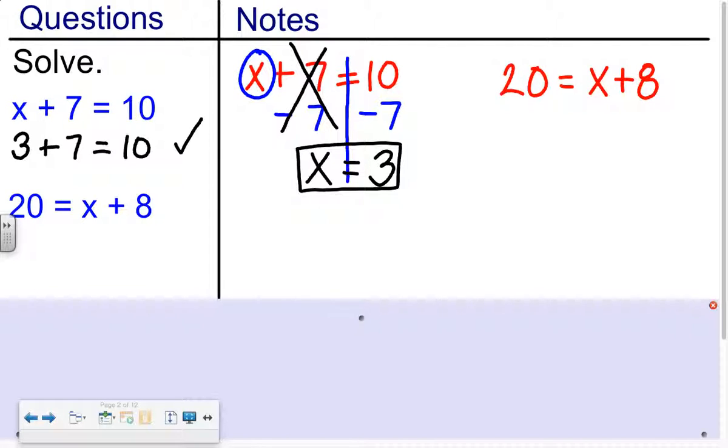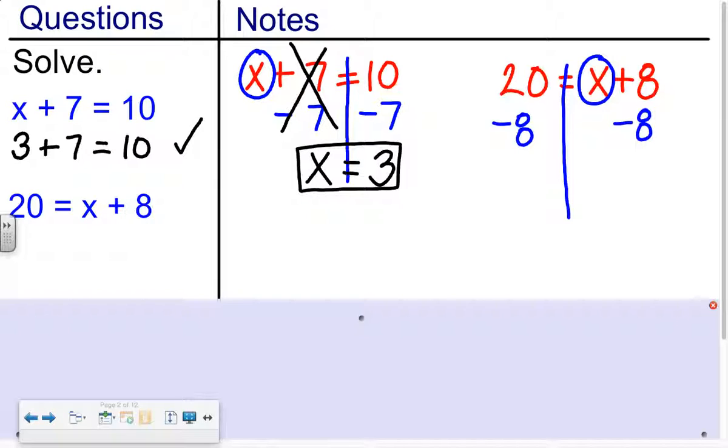So I'll start by drawing my train tracks. Now you'll notice this time the variable is on the right-hand side of the equation. That doesn't matter, I'm still going to take the same steps to solve it. So I want to get x alone, or figure out what x is. The way that I'm going to do that is instead of adding 8, I'm going to subtract 8 from both sides.